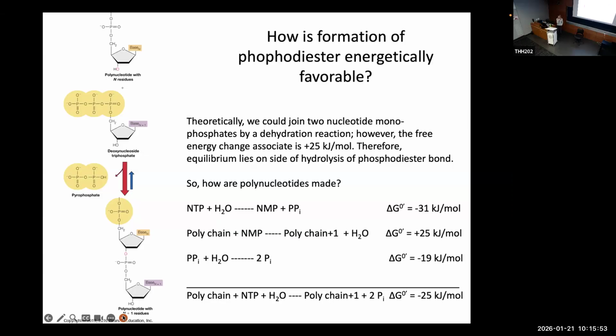And we learned about the energetics of these molecules last time, right? Is it favorable to remove one or two of these phosphates? Yes, very favorable. So that's great because that can be the reactant inside the polymerase rather than a nucleotide monophosphate. Okay, so you have an existing chain.